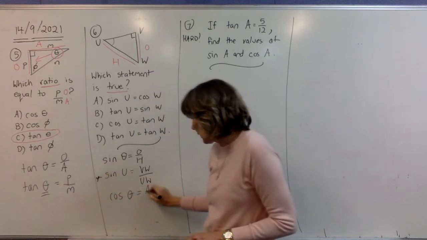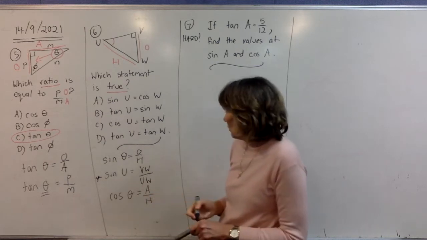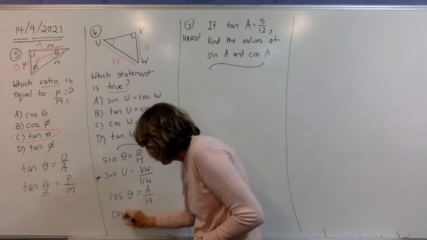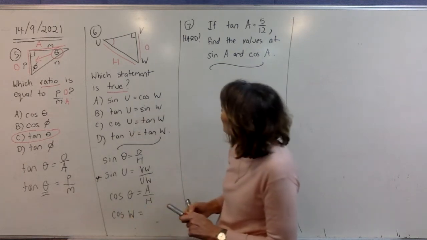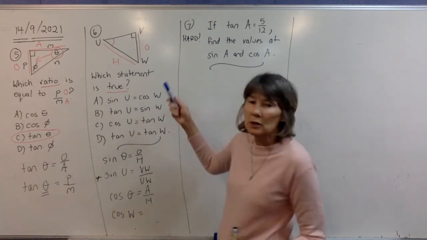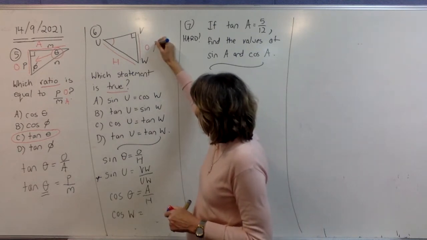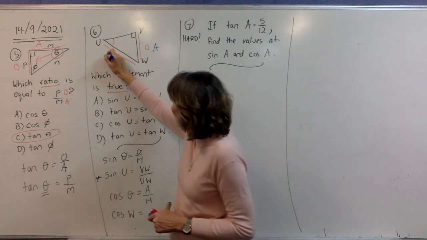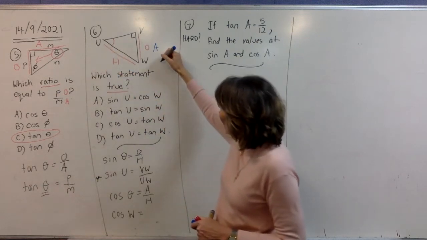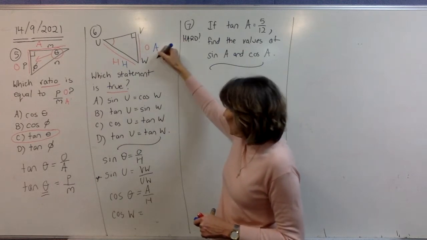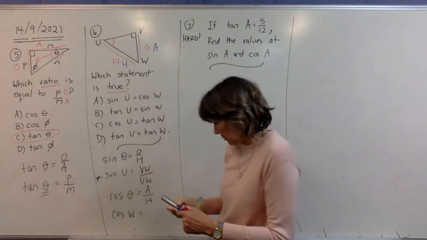Cos theta equals A over H. We're dealing with cos W in this case, so where's the W? That's here. I'm going to change to my blue pen here. Cos W would be A over H. H is never going to be any different. So we've got VW over UW.